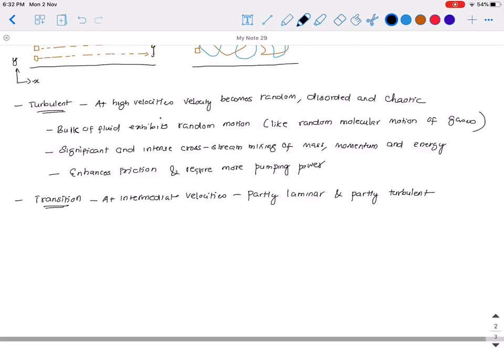By this I mean in certain regions it can be laminar, and in other regions it can be turbulent.